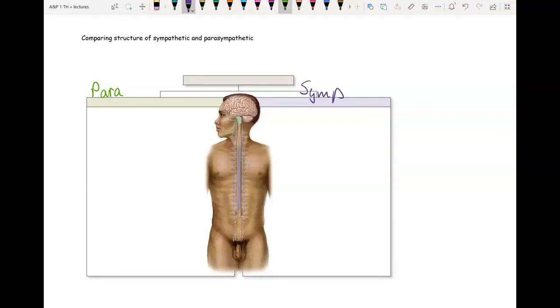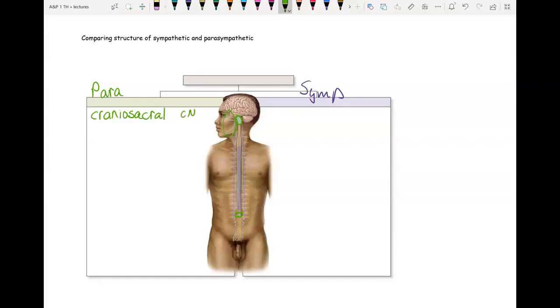So parasympathetic comes from the brainstem and the sacral region of the spine. So because of this, it is also called the craniosacral. And from the brainstem, you have 4 cranial nerves. So you can see here, these cranial nerves.